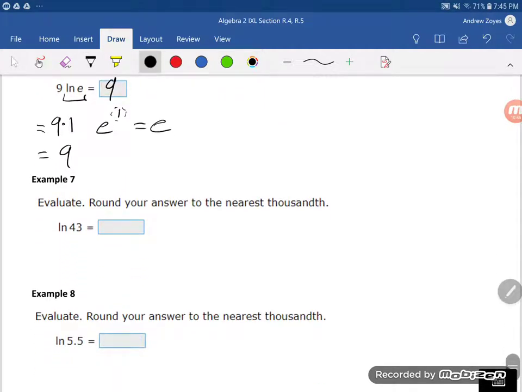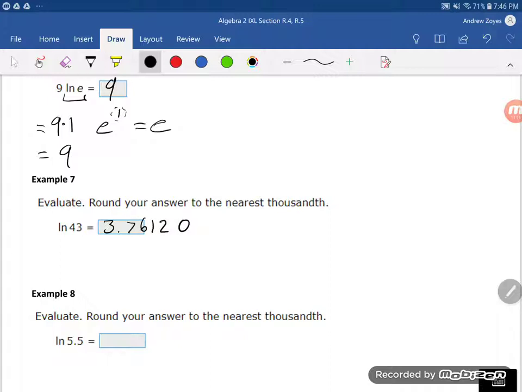Okay, all right, number 7. Again, you can approximate this if you want. You'll have to multiply by powers of e, but you really should have a calculator at this point, and it's what's going to help you out with some of these calculations. So ln of 43 is equal to 3.76120.